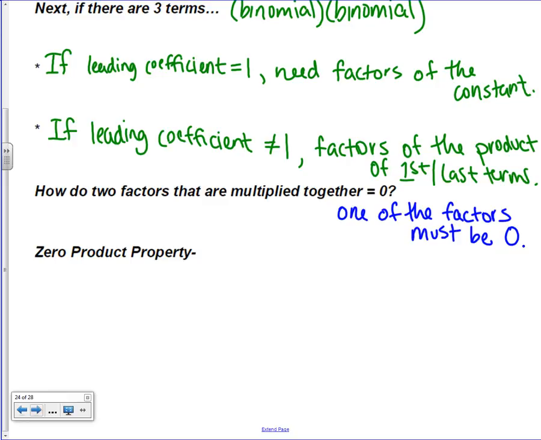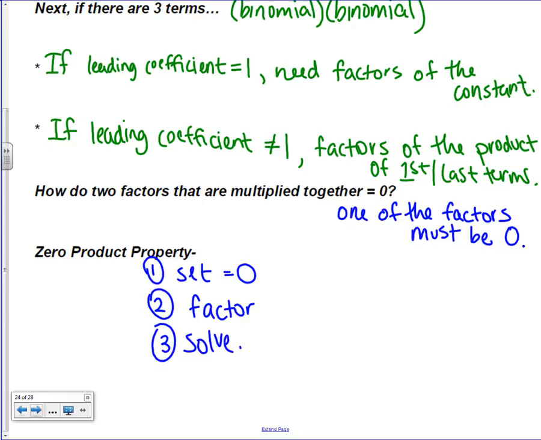And the zero product property tells me, in order to solve these equations where I cannot isolate, I first have to set it equal to 0. Then I need to factor it using the appropriate method. And then you're going to set up your equations and solve them.